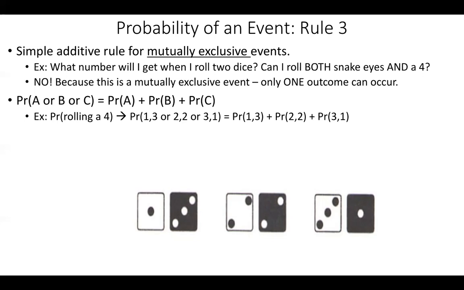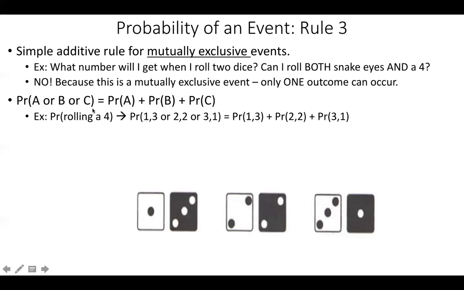So in the example before, if I'm looking at the probability of rolling a 4 across 2 dice, this can occur with 3 different outcomes. Outcome A is rolling a 1 and a 3. Outcome B is rolling a 2 and a 2. And outcome C is rolling a 3 and a 1. So here if we say, what's the probability of A or B or C?